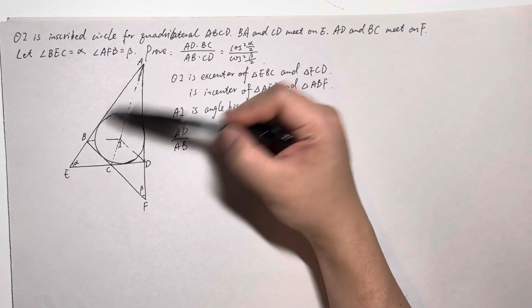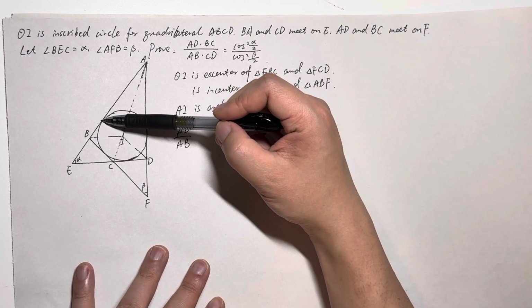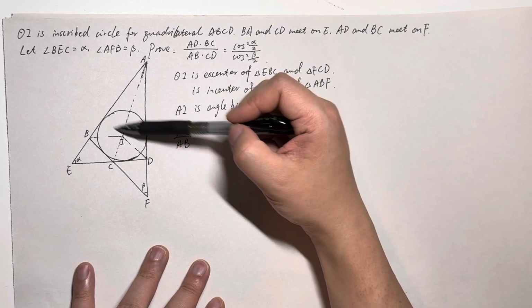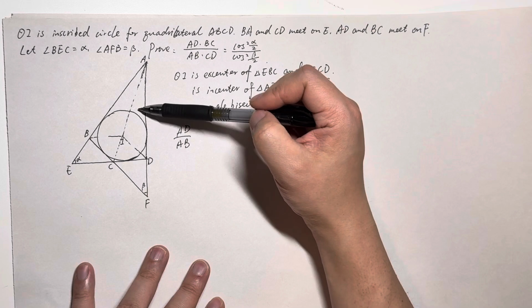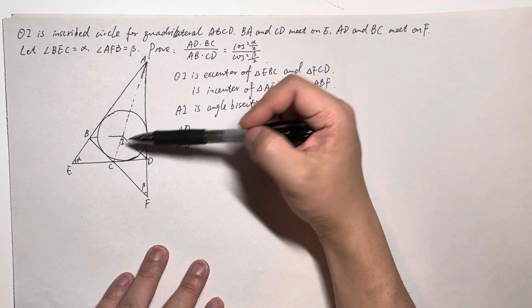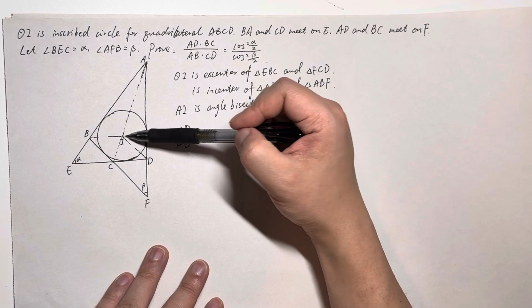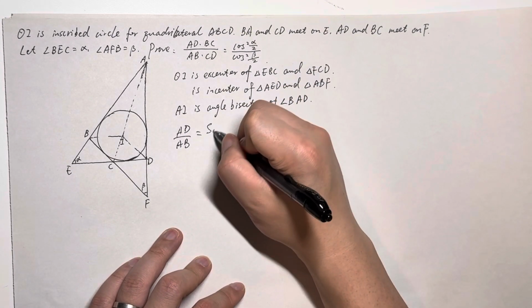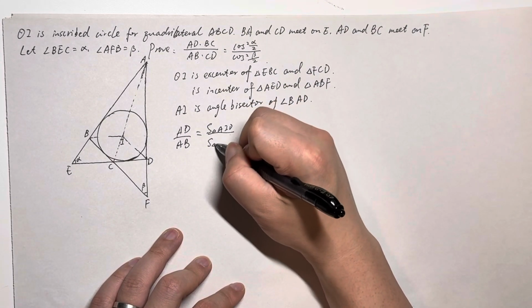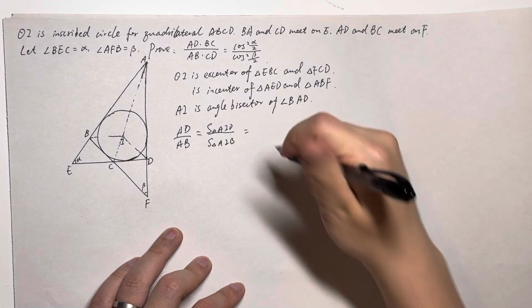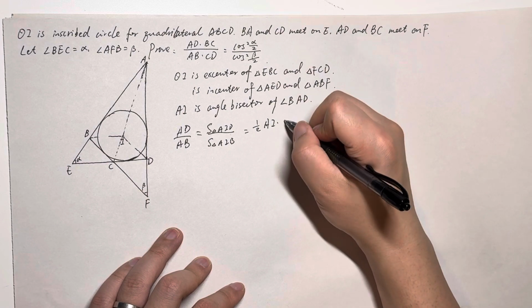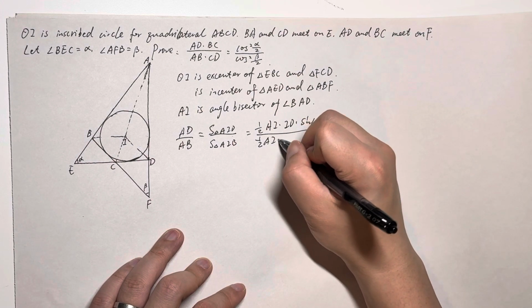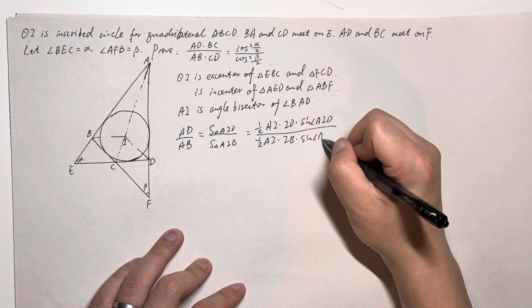The altitude for AB in triangle AIB is the distance from I to its projection on AB, and that equals the radius of circle I. Similarly, for triangle ADI, the altitude is also the radius of circle I, which means AD to AB equals the area of triangle AID to the area of triangle AIB, which can be rewritten as half of AI times ID times sine angle AID to half of AI times IB times sine angle AIB, right?